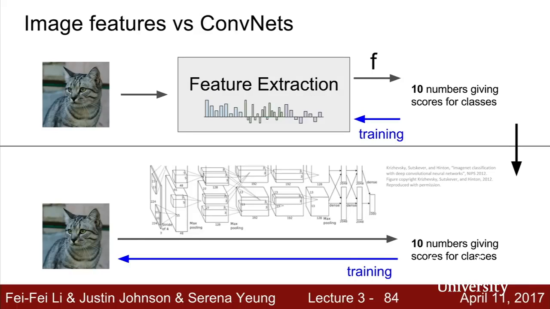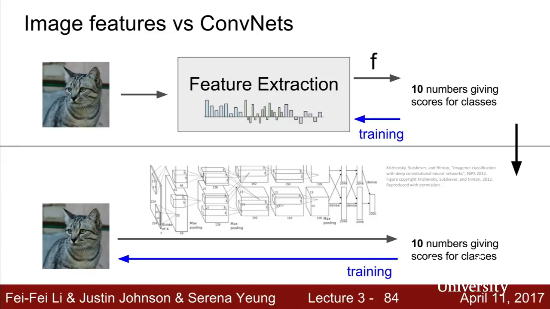As a bit of a teaser, tying this all back together, the way this image classification pipeline might have looked about 5 to 10 years ago is that you would take your image and compute different feature representations, things like bag of words or histogram of oriented gradients, concatenate a whole bunch of features together, and then feed these into some linear classifier.